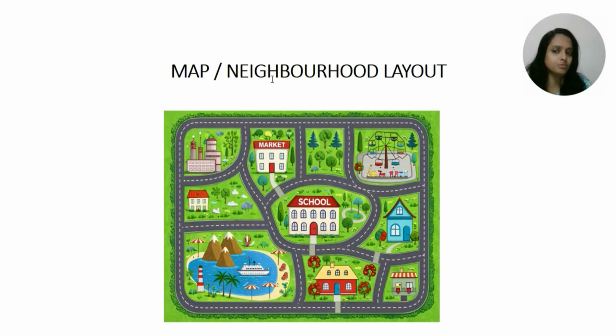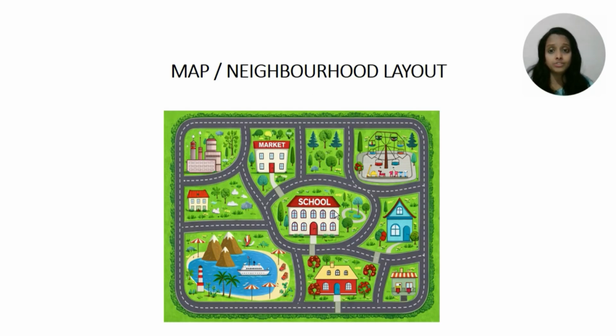Now, let me give my response for this. This image presents a detailed map of a neighborhood with various landmarks connected by a network of roads. At the center of the map, there is a school, which appears to be the main focal point of the area and suggests that education plays an important role in this community.